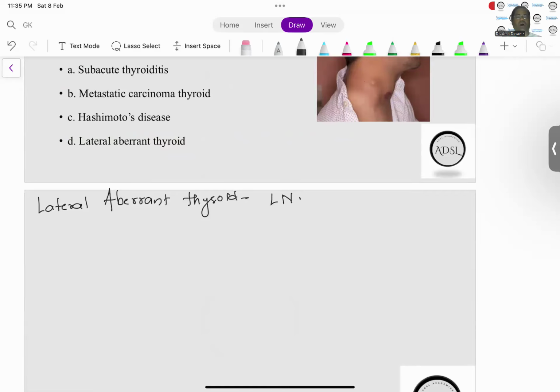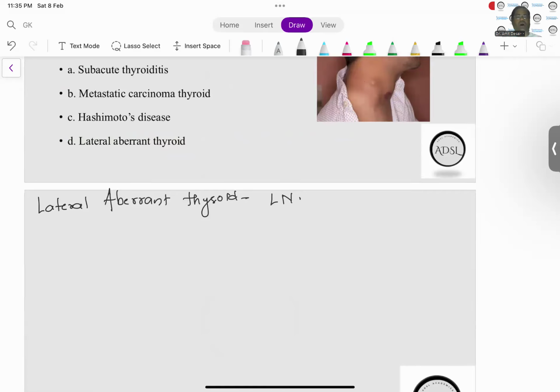But when one did a biopsy of this node, they found that this was normal thyroid tissue, very similar to what has been given to us in this question. So these people used to call it lateral aberrant thyroid.